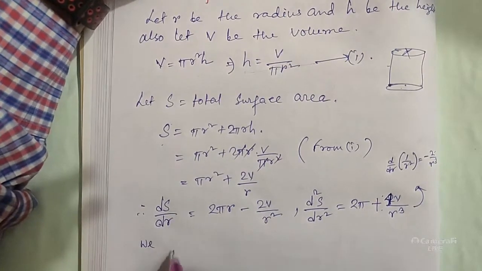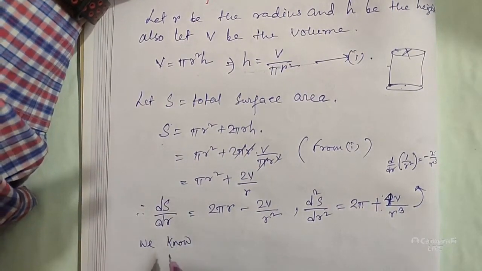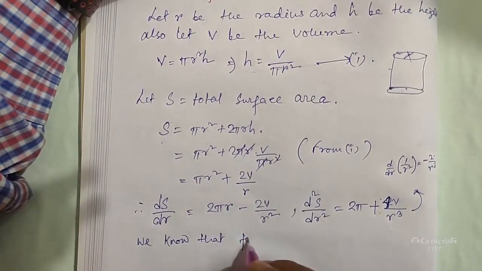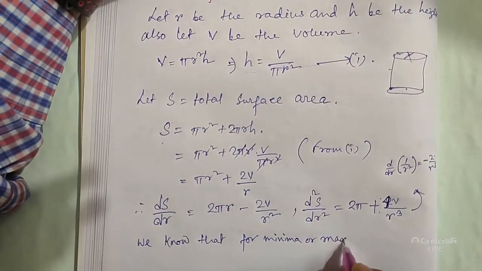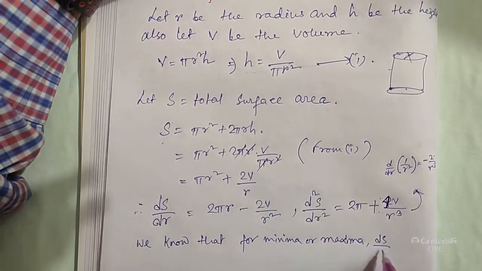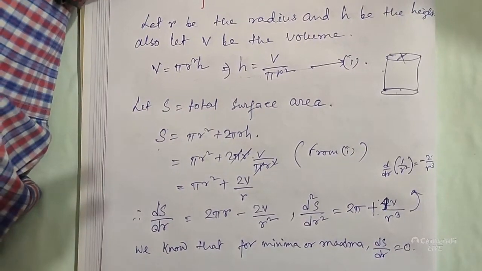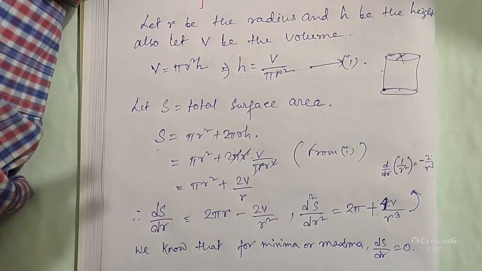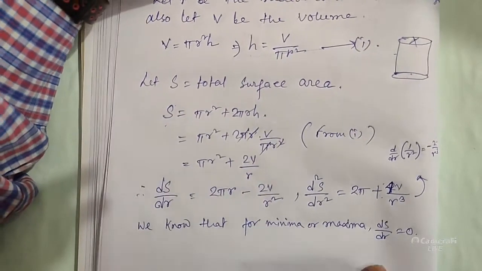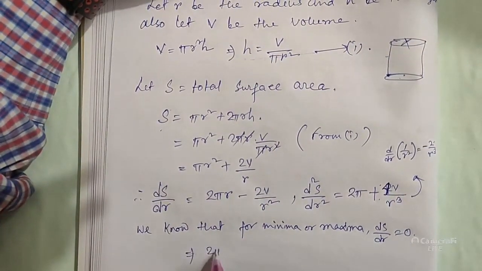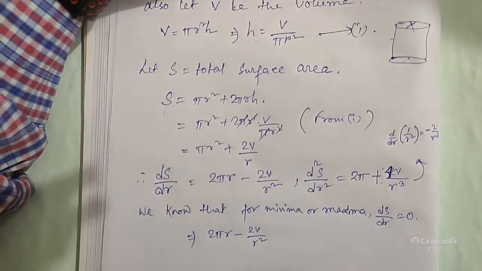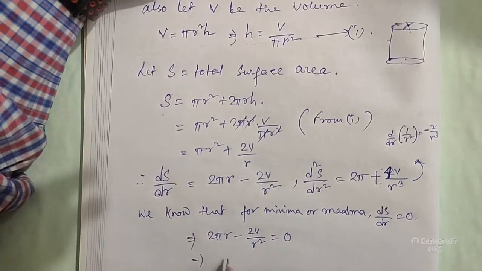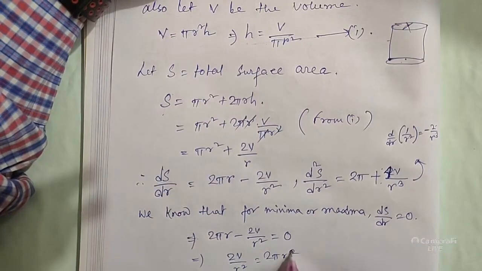Now we know that for minima or maxima, dS by dr equals 0. Always we have to do this. For minima or maxima, the first derivative we have to make equal to 0. Which implies 2 pi r minus 2V by r square equals 0. And this gives us 2V by r square equals 2 pi r.